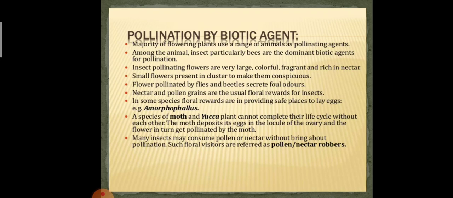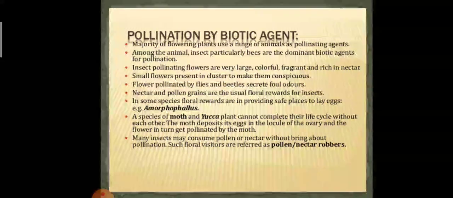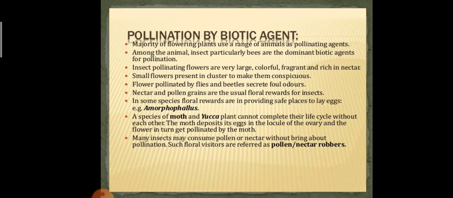These characters are that flowers are large, big and conspicuous in nature, which means visible. Flowers produce bright colored corolla, sometimes bright colored sepals too, like in bougainvillea. Flowers produce scent, fragrance, and nectary glands.